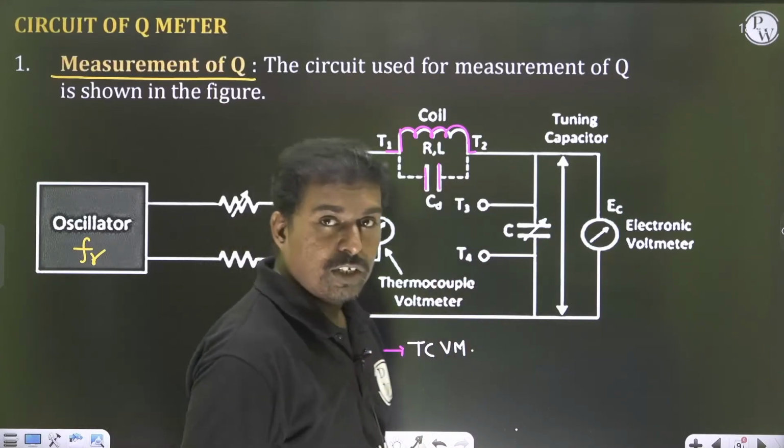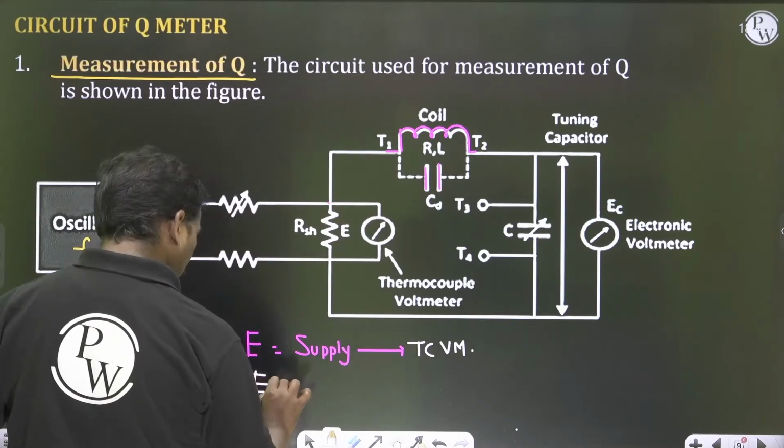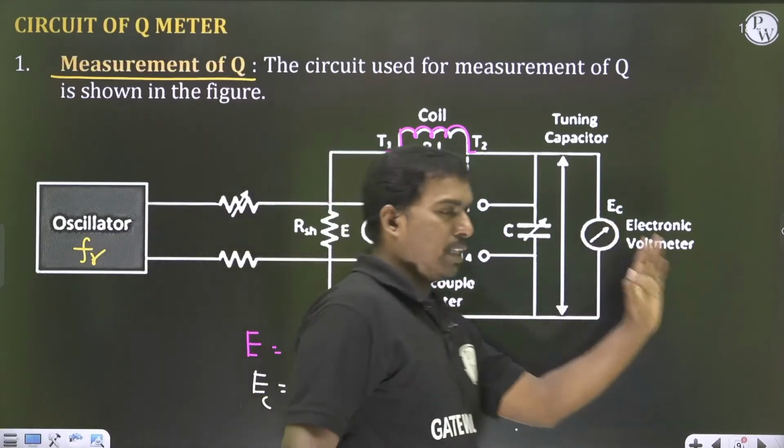And EC is the voltage across the capacitor.